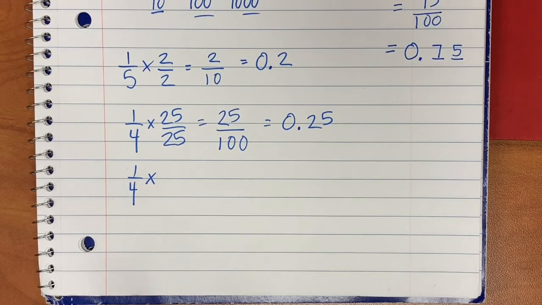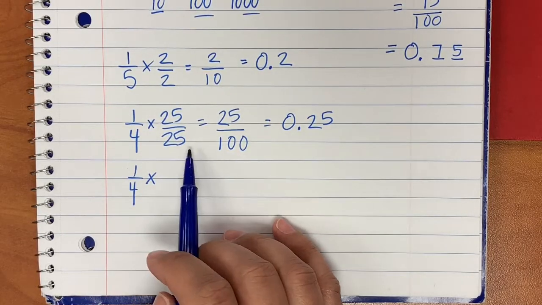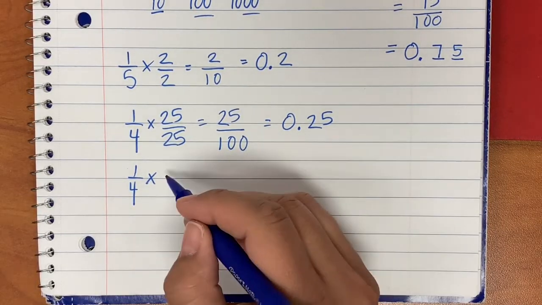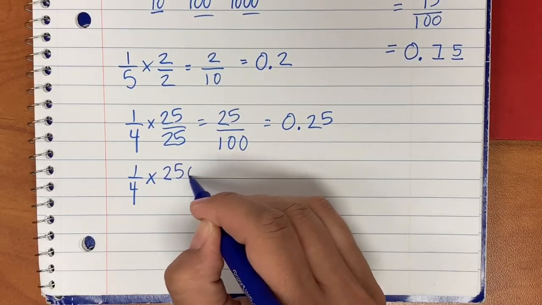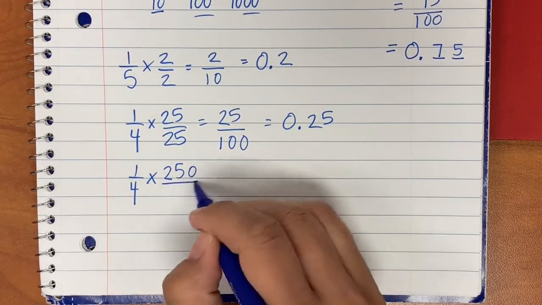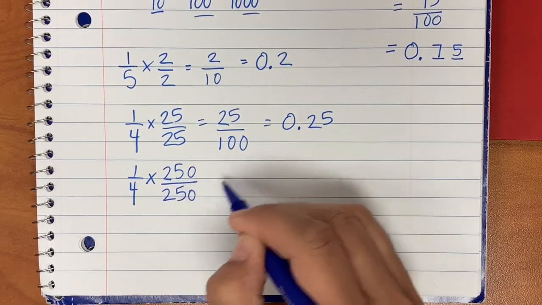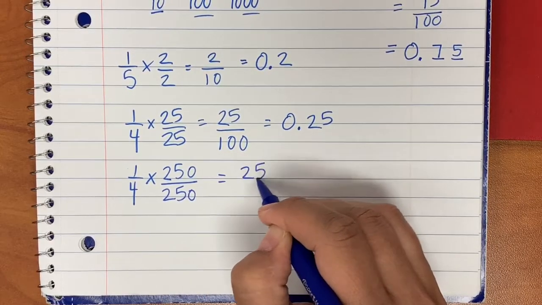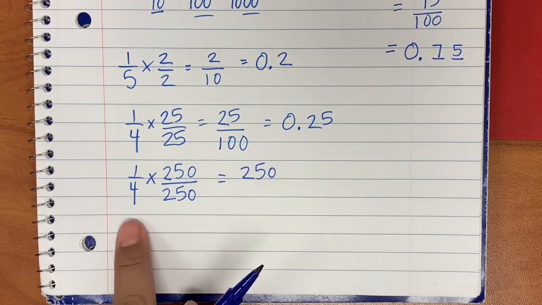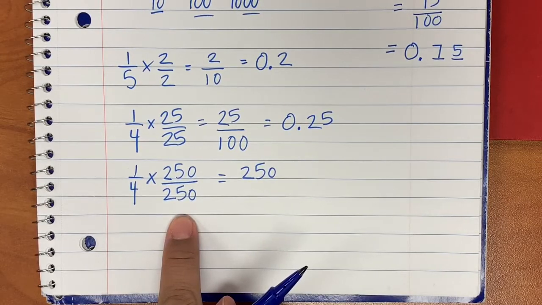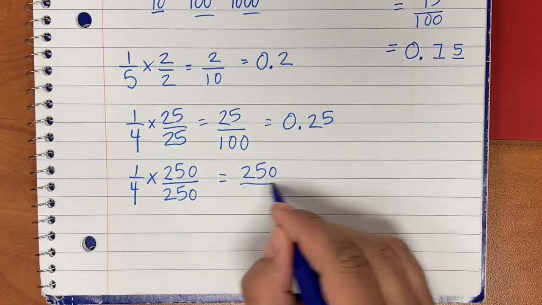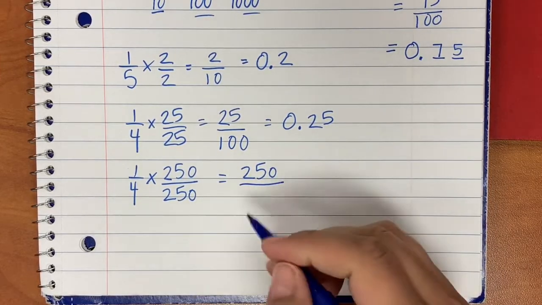So then 4 times what could be 1,000? So 4 times 250 is 1,000, right? 250 times 2 is 500, and then times 2 would be 1,000.